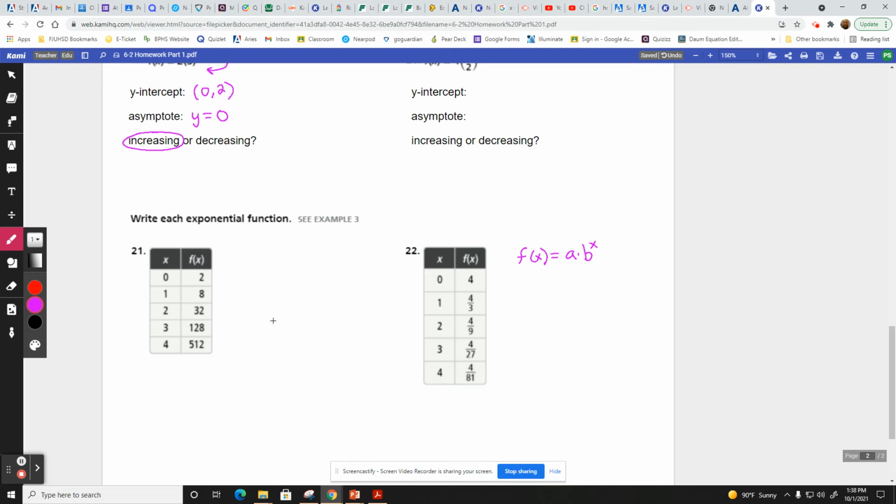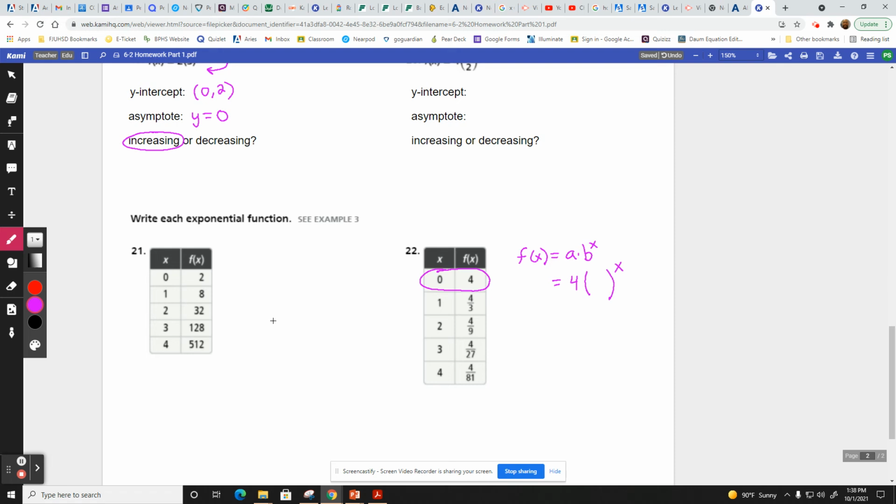So let's find a. Well, a is when your x value is 0. Here my x value is 0, so this represents the coordinate (0, 4), which is on the y-axis. So my a value is 4. Then I need my b value, and I'll raise it to the x.